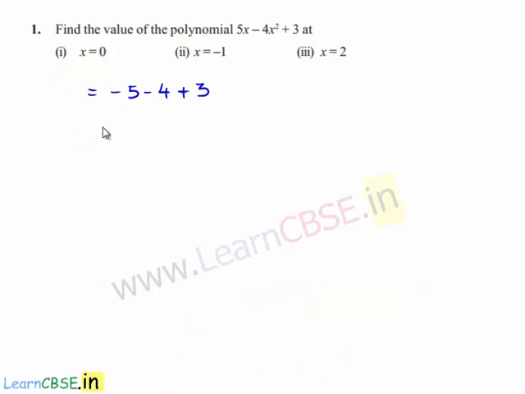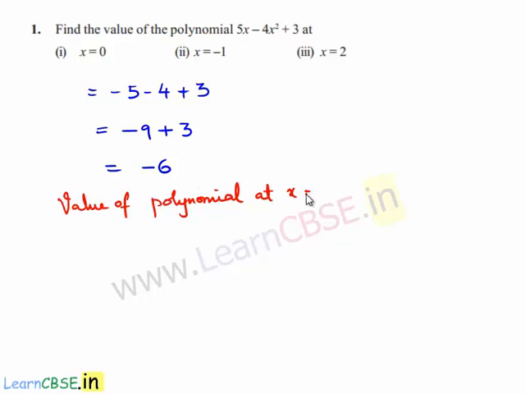This is equal to minus 4 minus 5 is minus 9 and plus 3. This is equal to minus 6. Therefore, the value of polynomial at x is equal to minus 1 is minus 6.